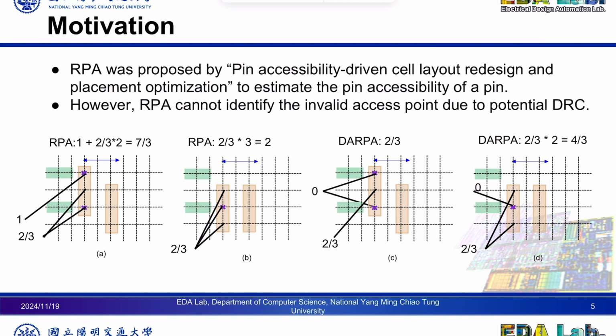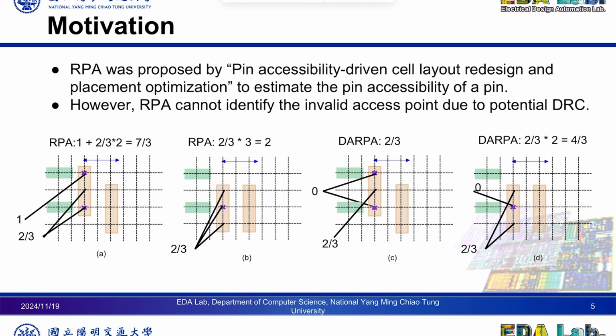They define the distance called PID, pin interference distance, and if there are two pins within the PID, then the access points of these two pins cannot be connected simultaneously, because if we connect to this access point from the left side and the right side, it will cause maybe an end-of-line rule or some spacing rule violation.